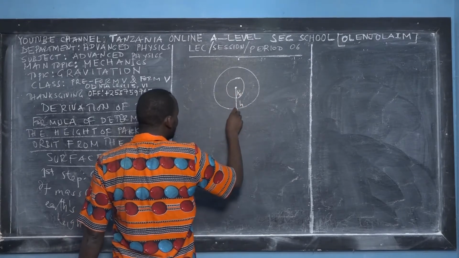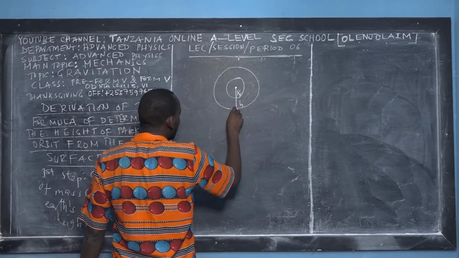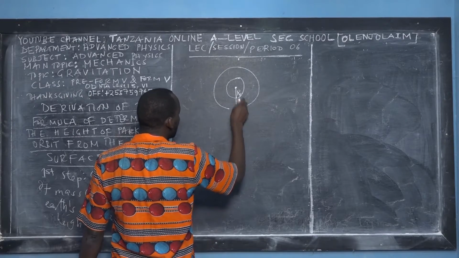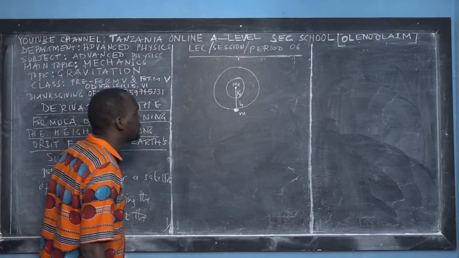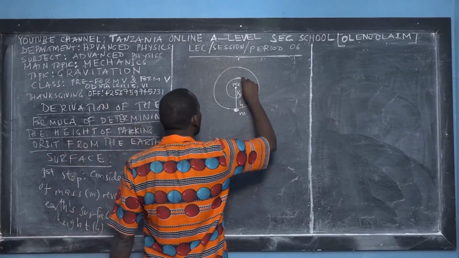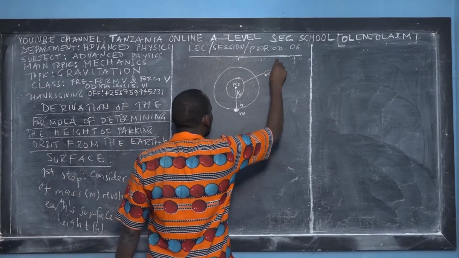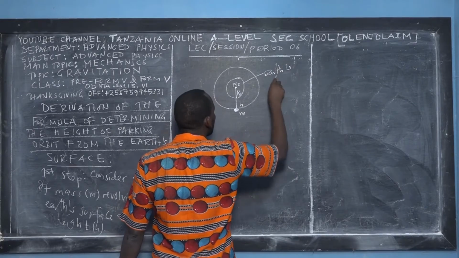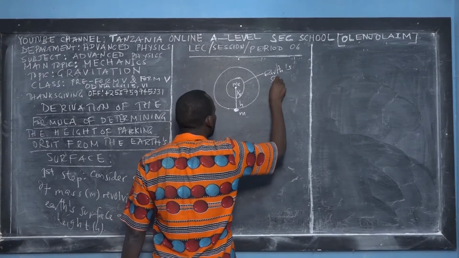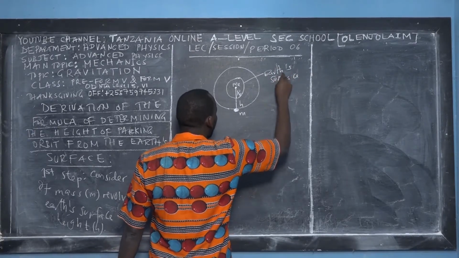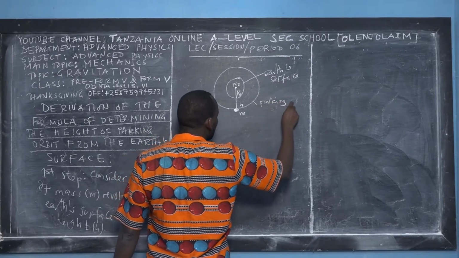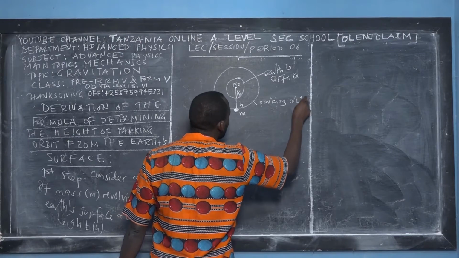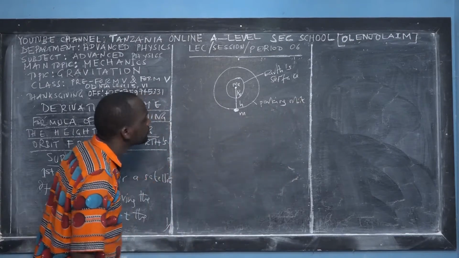Suppose that the satellite with mass m is here, and this is the point where we have the mass of the Earth. So this is the Earth's surface, because it's very important. And then this is the parking orbit above the Earth's surface, and the height is h.